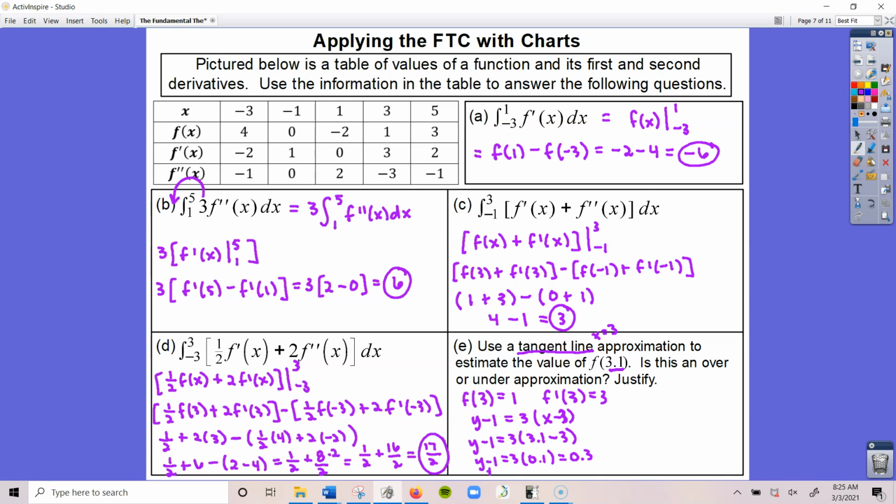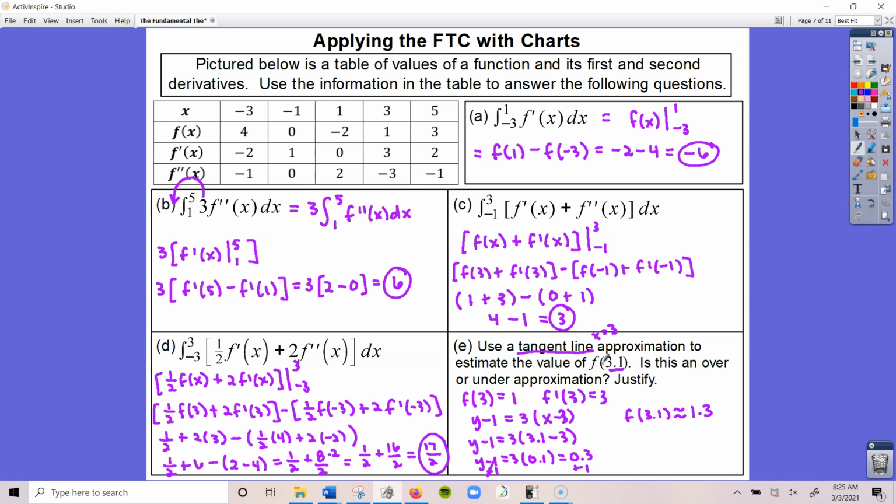So to solve for y, I would just have to add the 1, giving me an approximation that f of 3.1 is approximately 1.3.